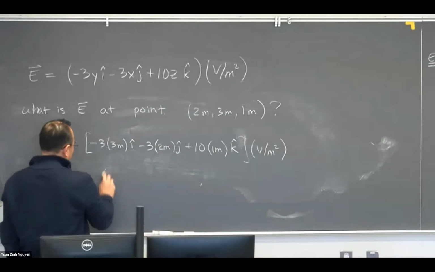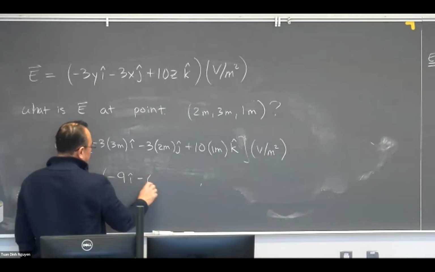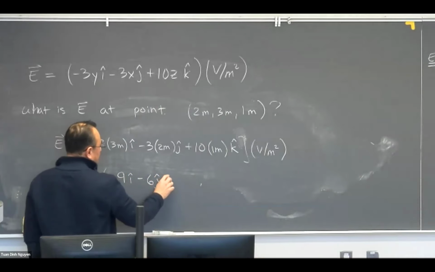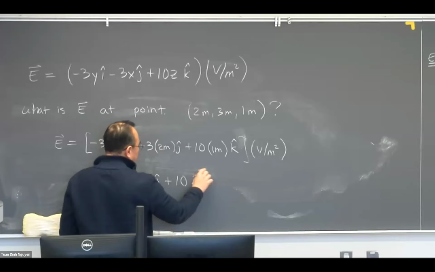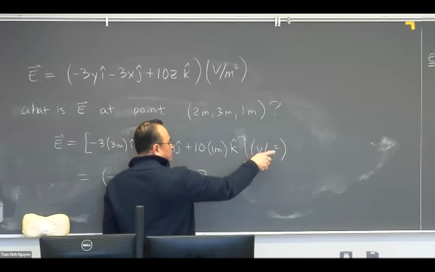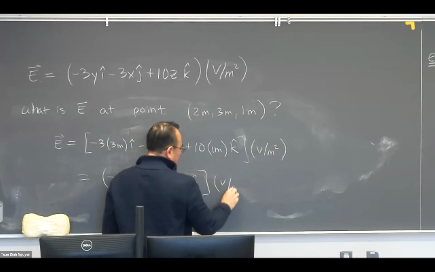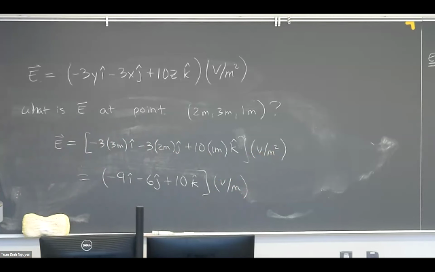You get minus 9 i hat minus 6 j hat plus 10 k hat. The meters cancel one of the units, so volts per meter. And that'll be the answer.